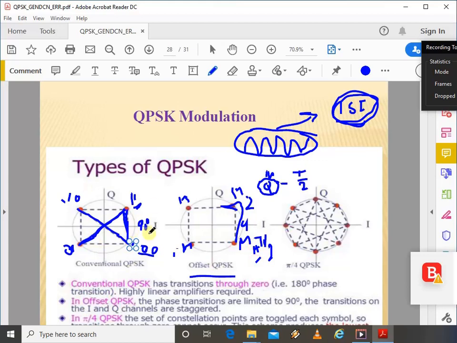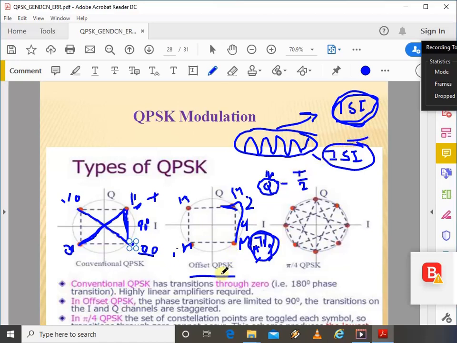In QPSK it is plus or minus 90 degrees or plus or minus 180 degrees. Therefore the amplitude variations in the signal will be minimized, and the signal will not undergo abrupt phase changes. So when it is passed through a band limited channel, ISI will not occur.